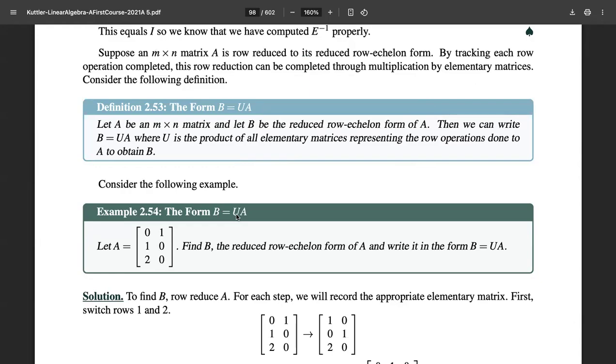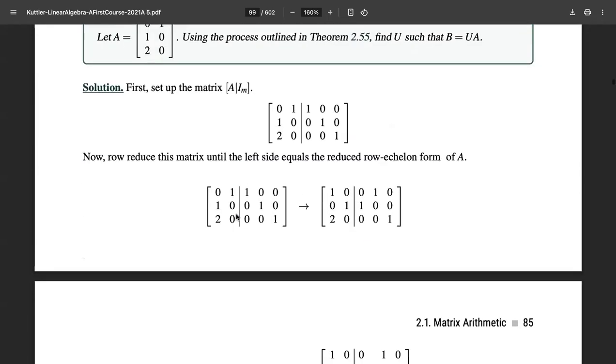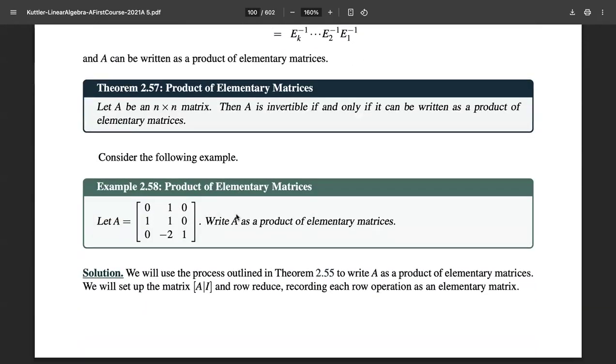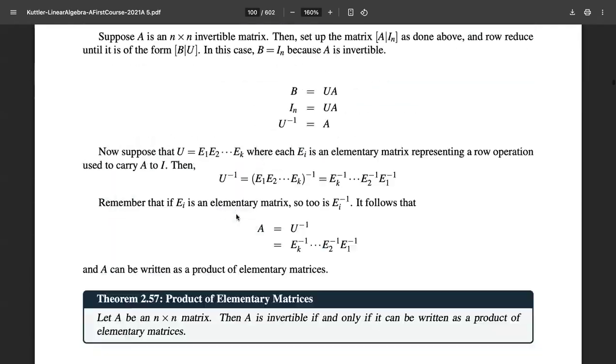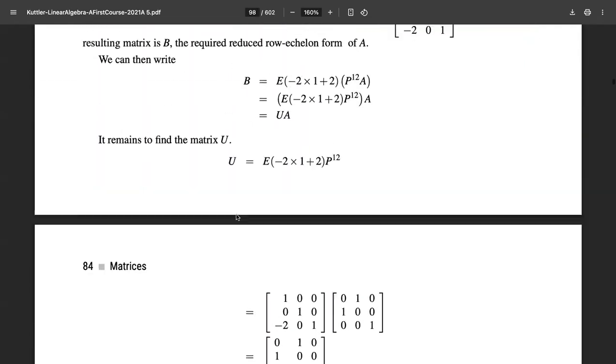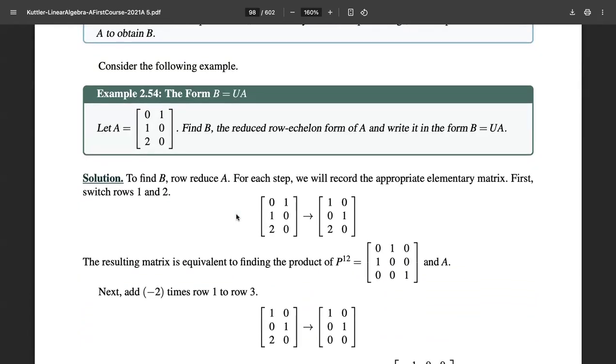So let me go through example 2.54. Let A be this 3 by 2 matrix here.